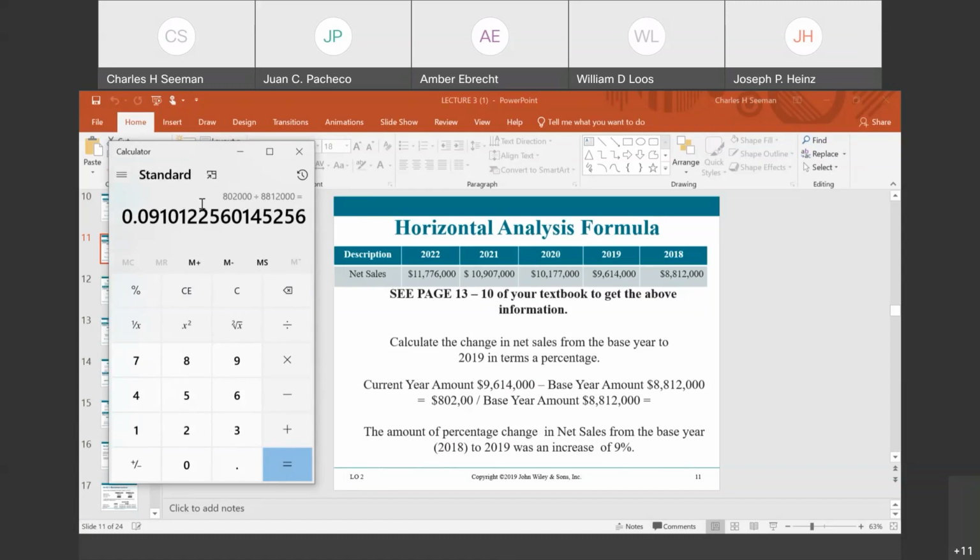For example, cash, accounts receivable on the balance sheet, inventory, current liability, accounts payable. On the income statement, we can do it on revenue, operating expenses, rent, anything we want to do. In this case, we're doing it on net sales.